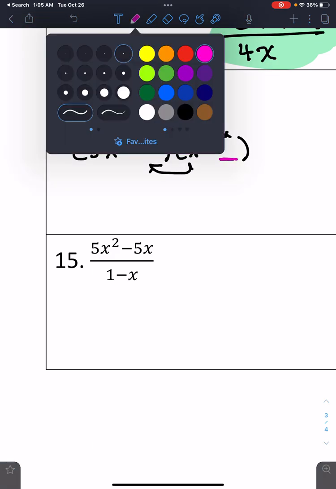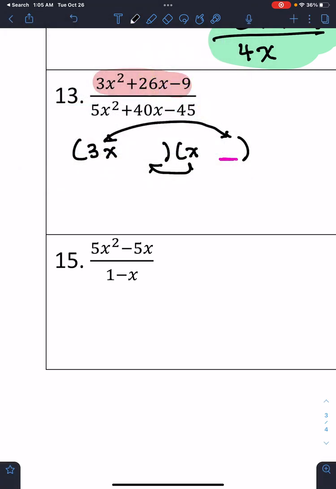And I'm thinking that it should be a bigger number because I want to get close to 26. Because to get 9, it's only 1 times 9 and 3 and 3. So let's say that I did put a 3 here and I put a 3 here. This is 9x and this is 3x. Even if I was going to mess with the signs, there's no way that a 9 and a 3 are going to give me 26.